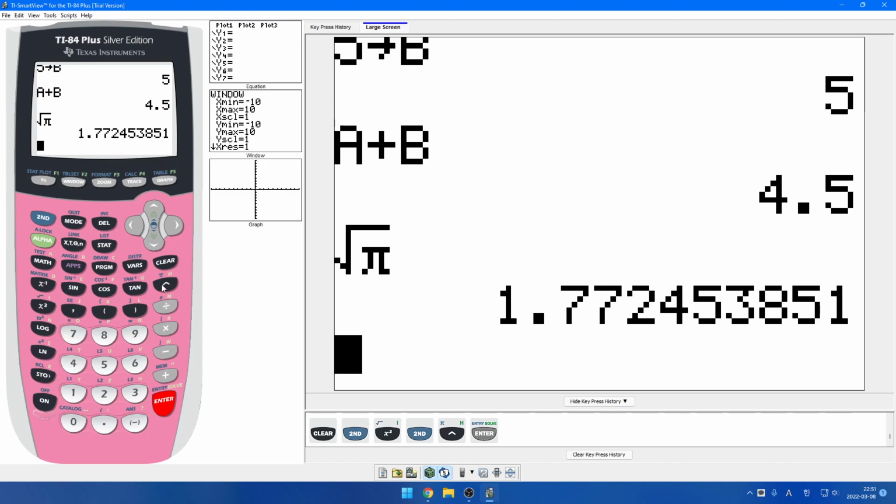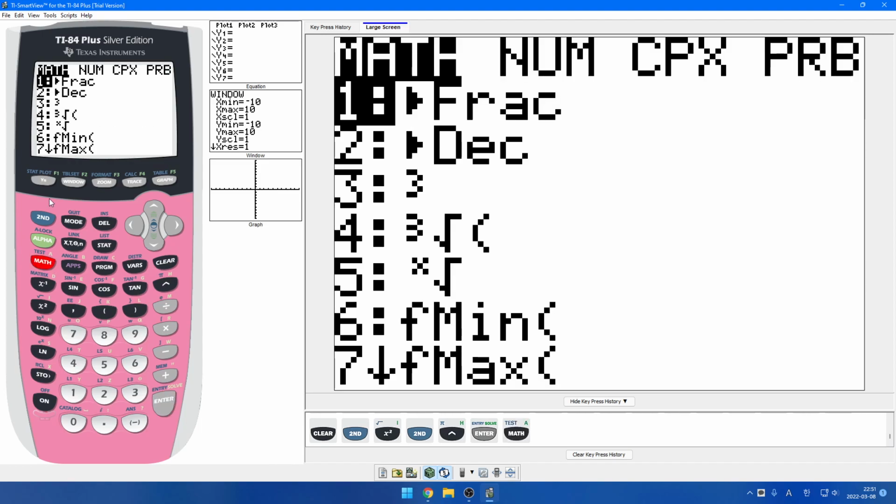If you're looking for other mathematical operations, they may be hidden in the math button. Let's see what's there. Under the math tab, there are some operations we can use, such as cube root, root with other indexes, and the one that I like the most is the first one, the frac. The fraction. This changes the decimal number to fractions. Let's try what it looks like.